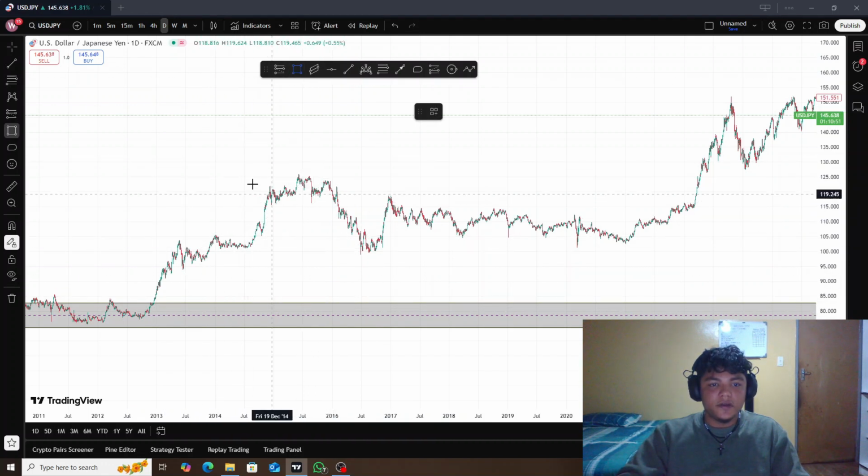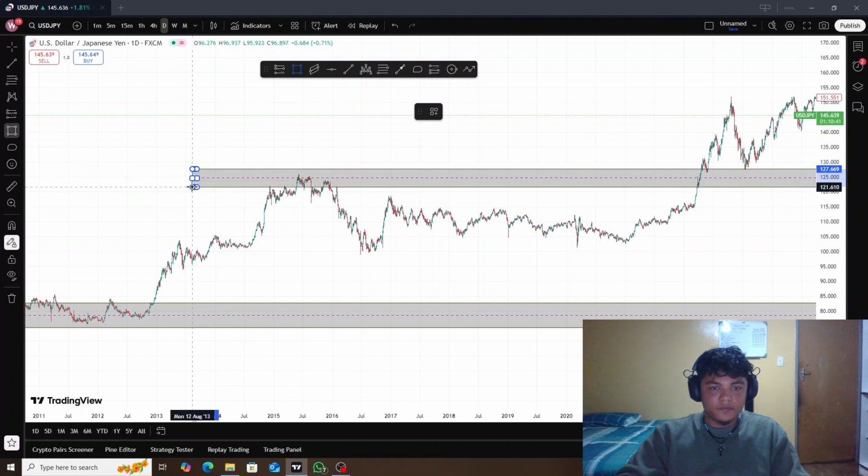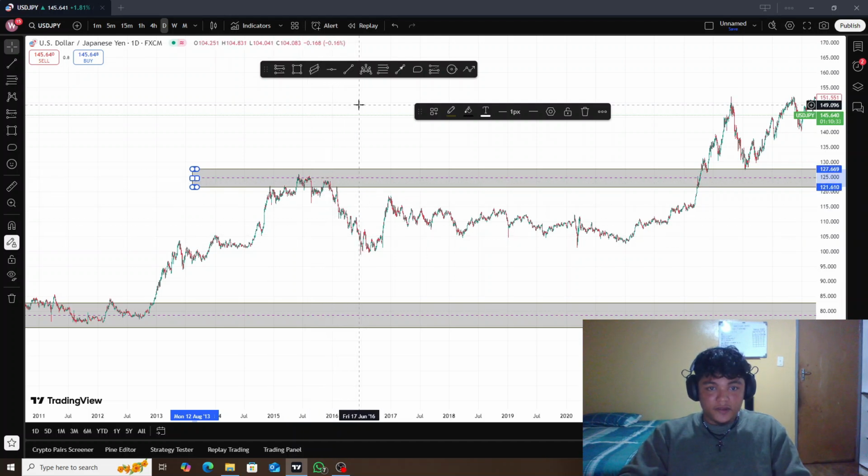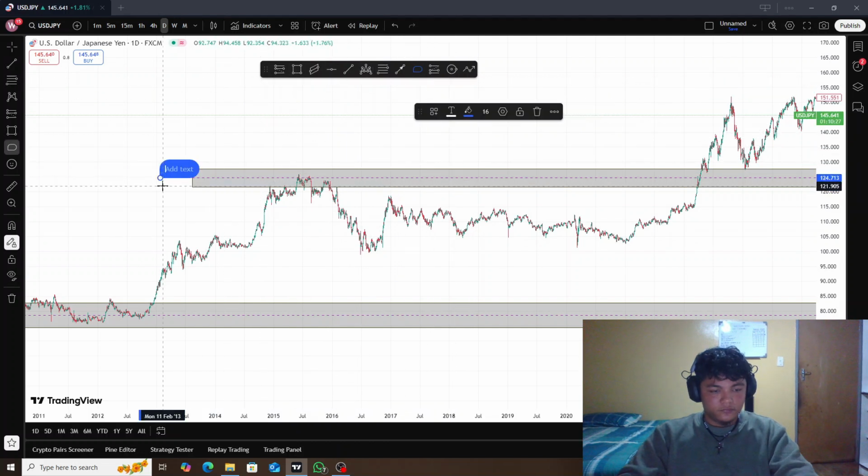So here something stopped the market from going further up. Let's do this. Something here stopped the market from going up. Then the market got pushed down again. So this would be my resistance. This would be my support.